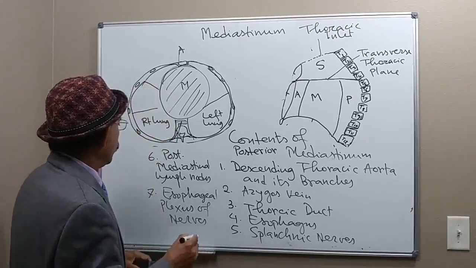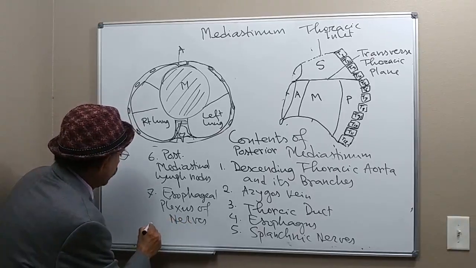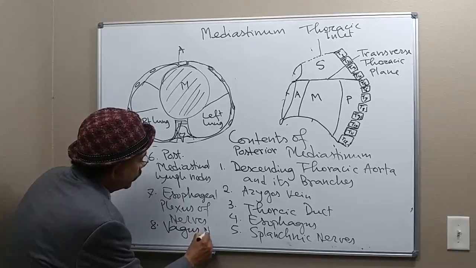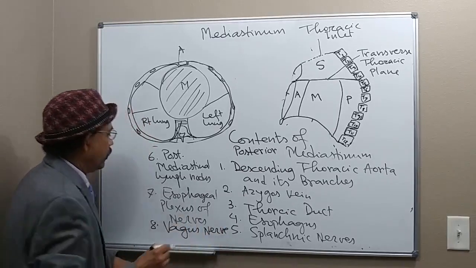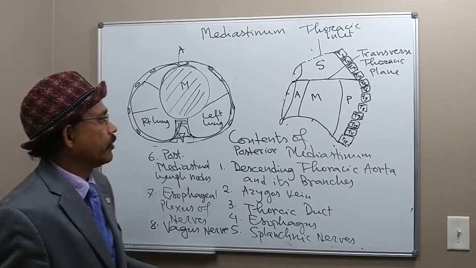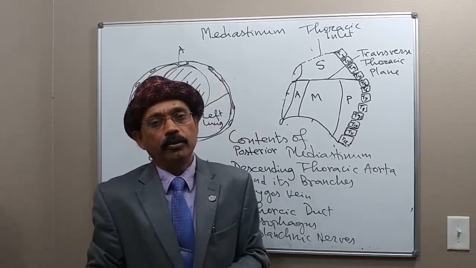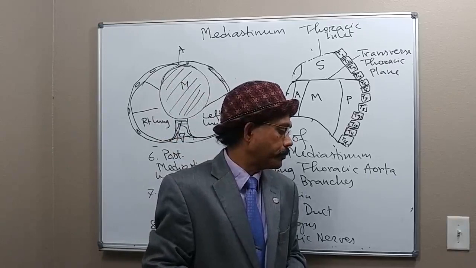We have to know that it also contains the vagus nerve. Very important, the vagus nerve contributes to the formation of the esophageal plexus. Okay, we have the contents of the posterior mediastinum.